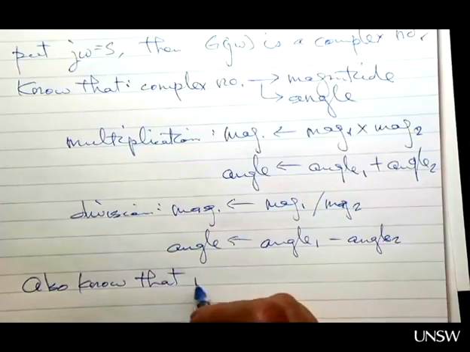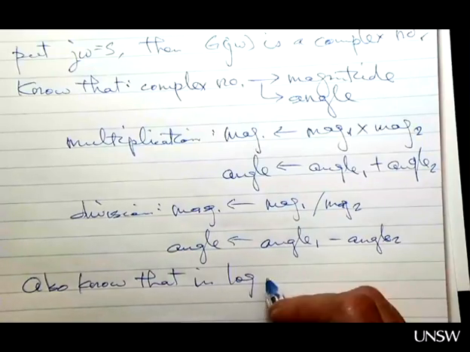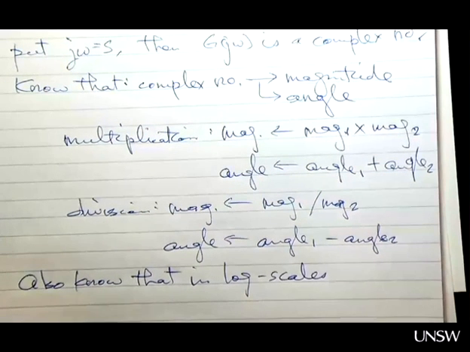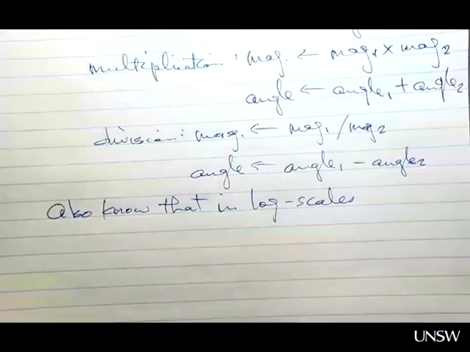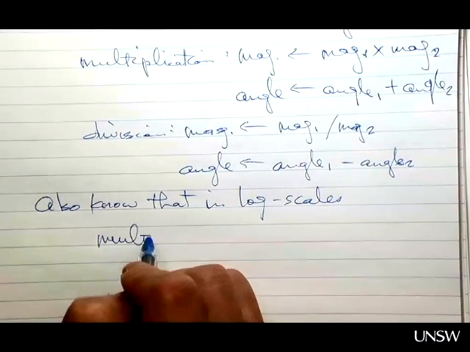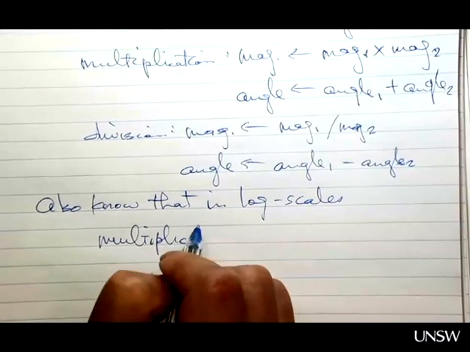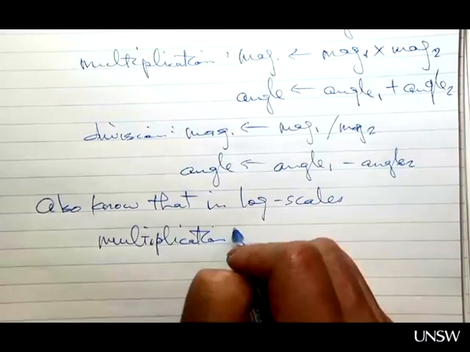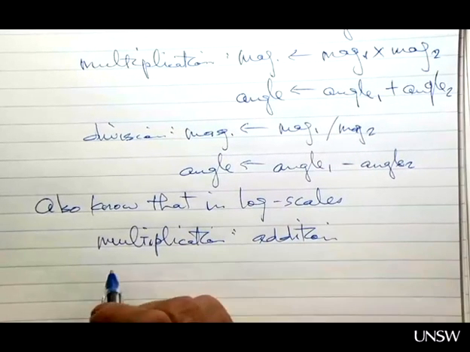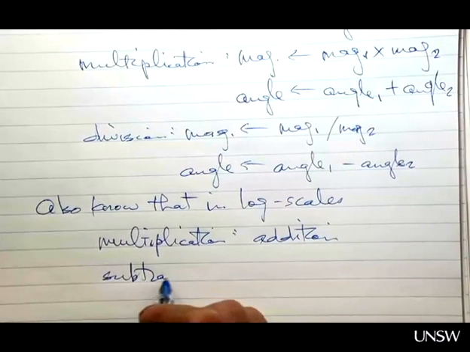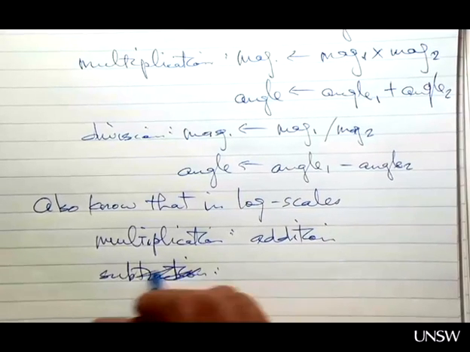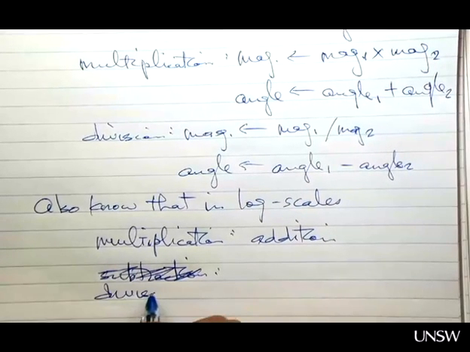In logarithm scales, the multiplication becomes our addition, and then subtraction, and then division is in fact the subtraction.